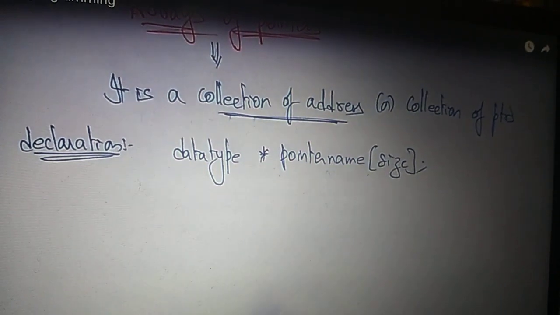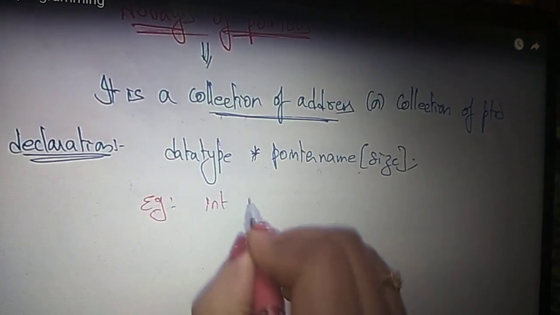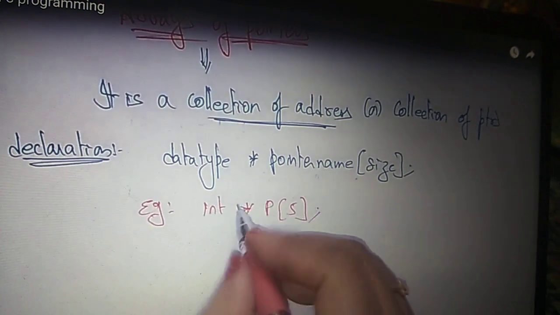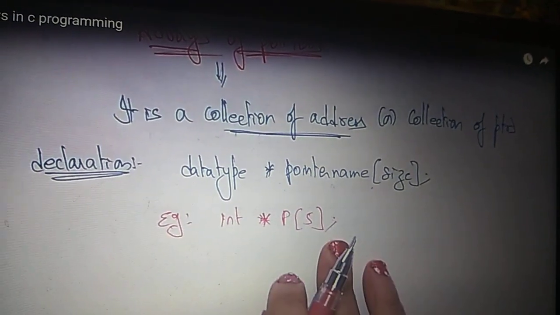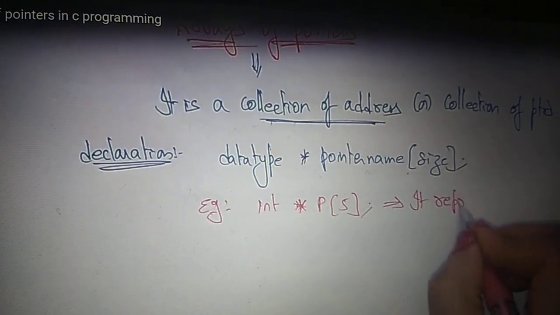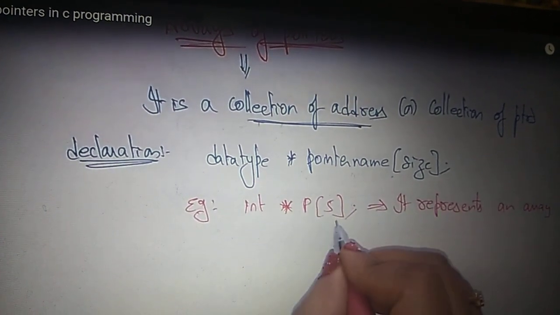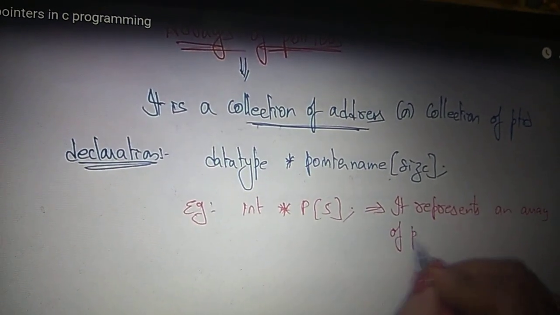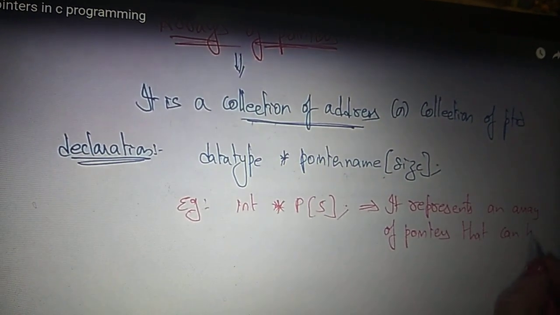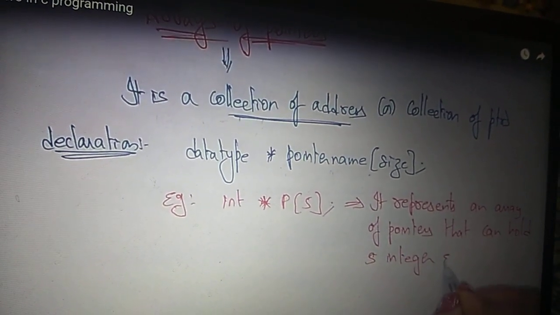Okay, so let us see how we declare it in an example. Int is the data type, pointer p of 5. This represents an array of pointers that can hold 5 integer element addresses.